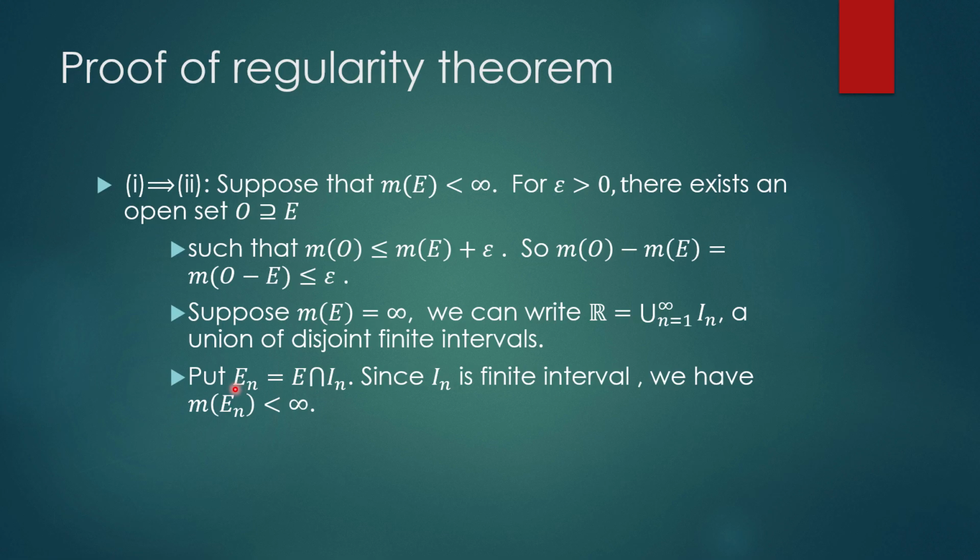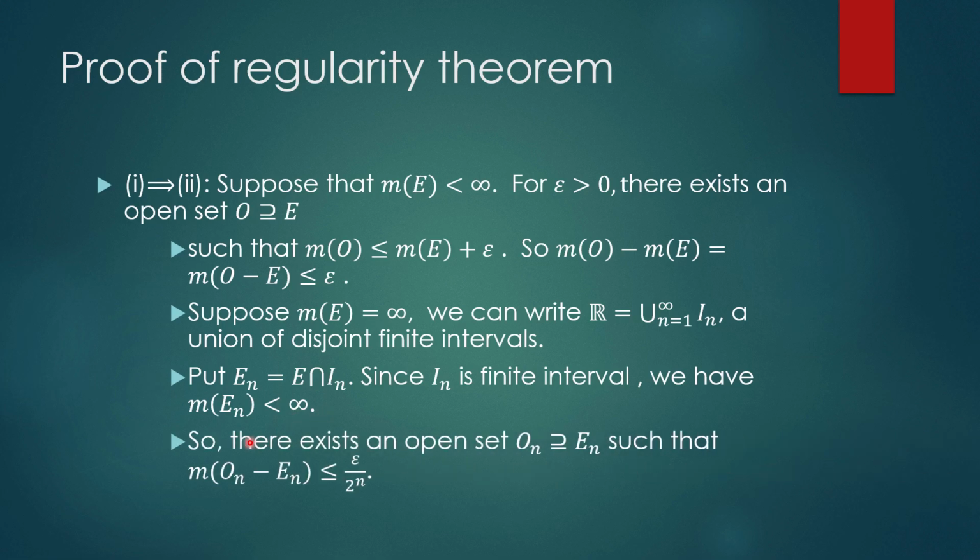Since In is a finite interval, the measure of En is also finite. The In are measurable, E is measurable, therefore En is also measurable and its measure is finite.